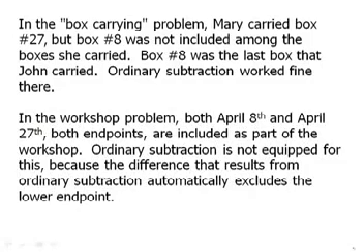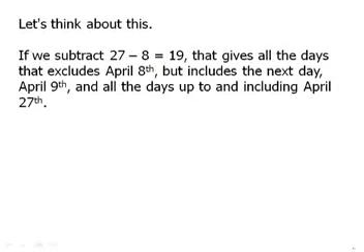So in other words, one of the numbers was not included and one of the numbers was included. In the workshop problem, both April 8th and April 27th, both endpoints, are included as part of the workshop. Ordinary subtraction is not equipped for this because the difference that results from ordinary subtraction automatically excludes the lower endpoint. Let's think about this. If we subtract 27 minus 8 equals 19, that gives the whole group of days, and in this group it excludes April 8th, but includes April 9th and all the days up to and including April 27th.